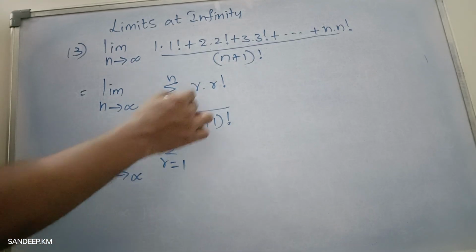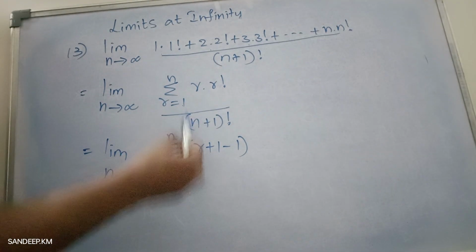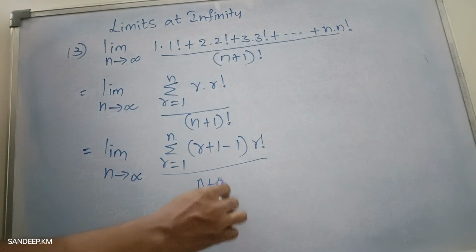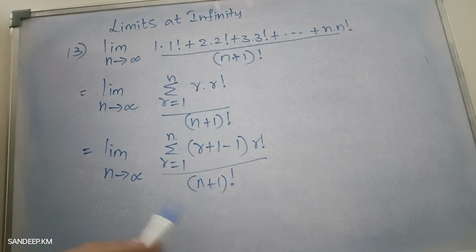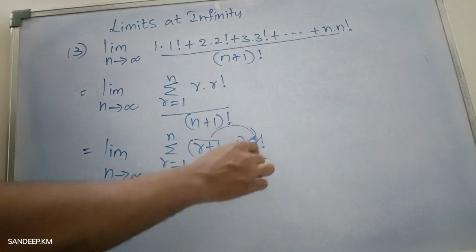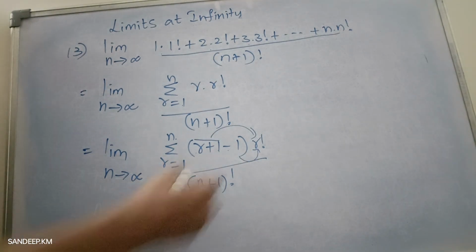And this particular step is important. What I'm going to do is write r as r plus 1 minus 1, into r factorial, with the denominator (n plus 1) factorial as it is. Next, dear students, I'll multiply r plus 1 with r factorial, minus 1 with r factorial. That is my next step.